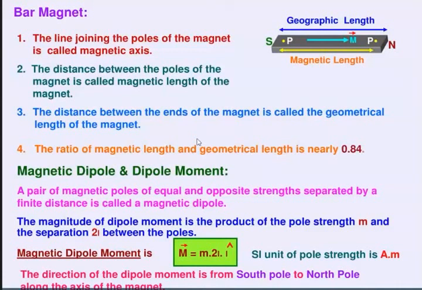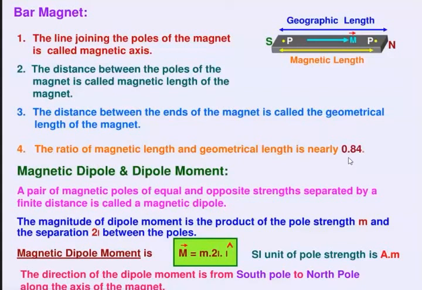Now come to the point here. The ratio of magnetic length and geometrical length is nearly about 0.8. If you take two or three magnets of different shape and size, you will see that the ratio of magnetic length and geometric length, the actual length, will always lie closer to 0.84.